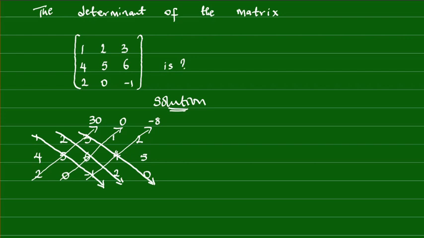Move down. We have 1 times 5 times minus 1. This gives us minus 5. Next, we have 2 times 6 times 2. This gives us 24. And lastly, we have 3 times 4 times 0. This gives us 0.